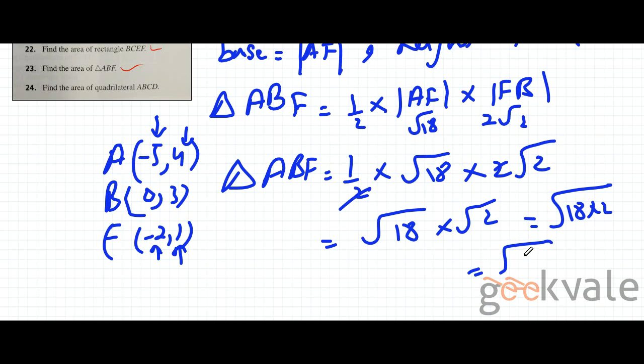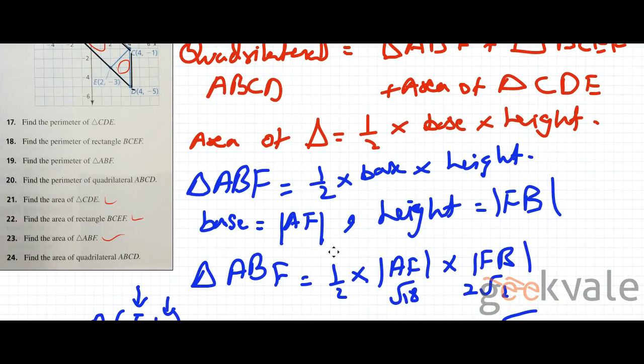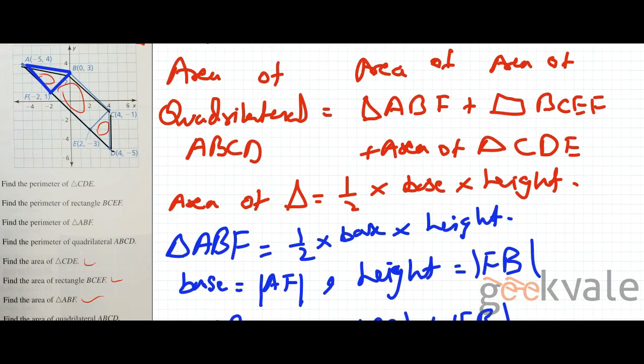So you'll get the square root of 36, which is 6. 6 what? 6 meters squared, centimeters squared? No. 6 square units, because you have not been given any unit here in this case. So the area of the triangle ABF is 6.